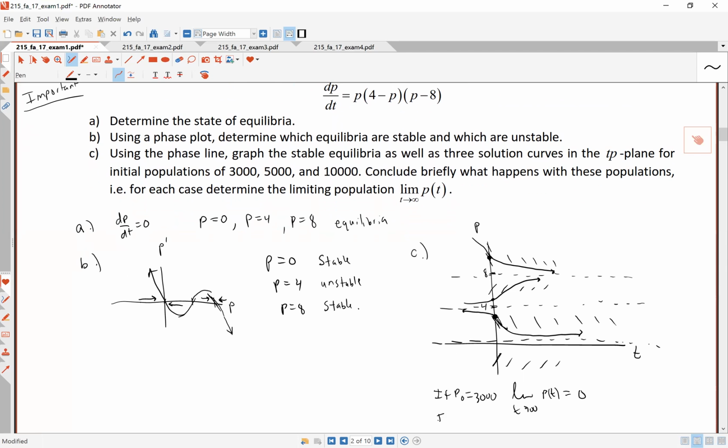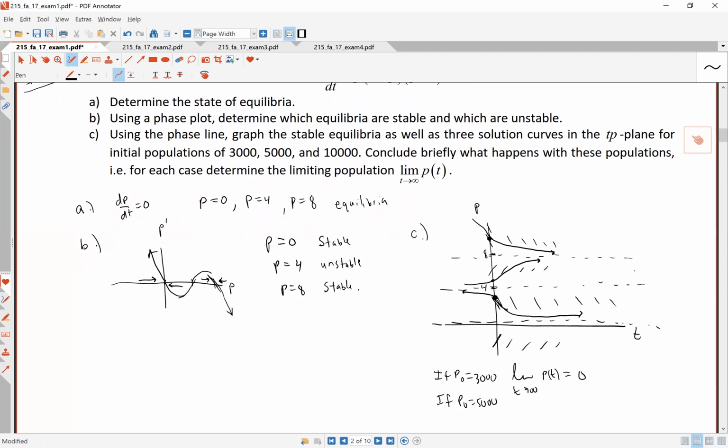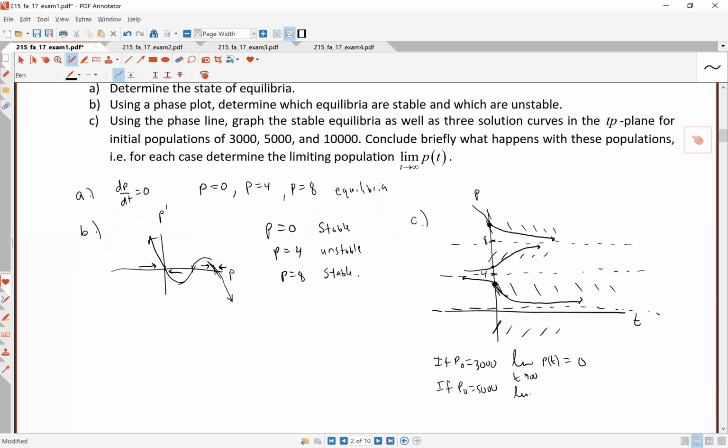If P naught is 5,000, then the limit as t goes to infinity of P of t is 8,000. And if P naught is 10,000, then the limit as t approaches infinity of P of t is also 8,000.